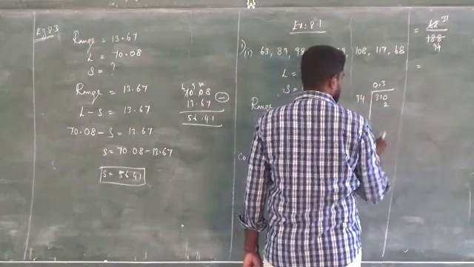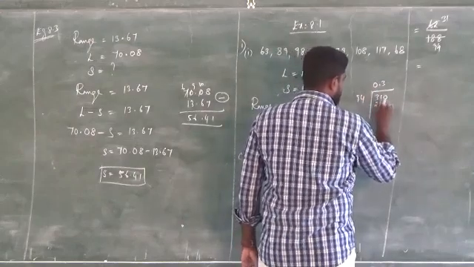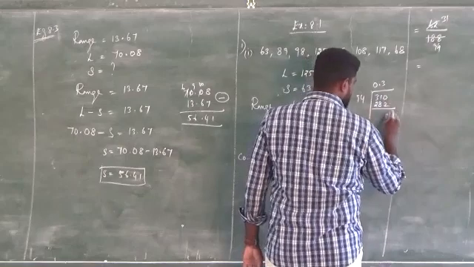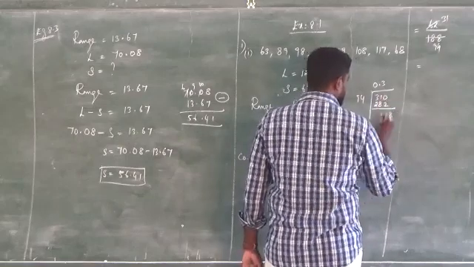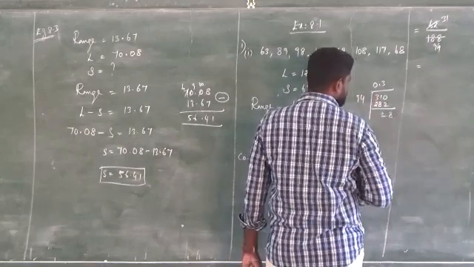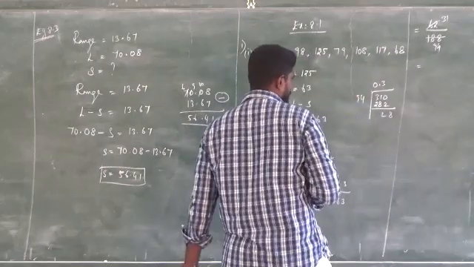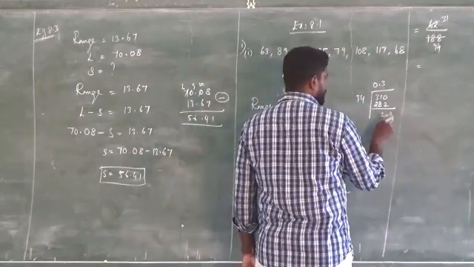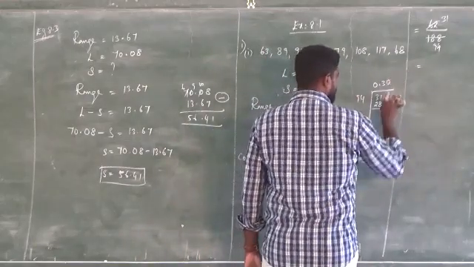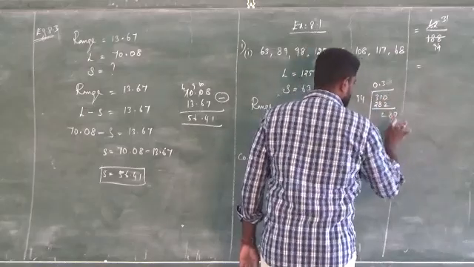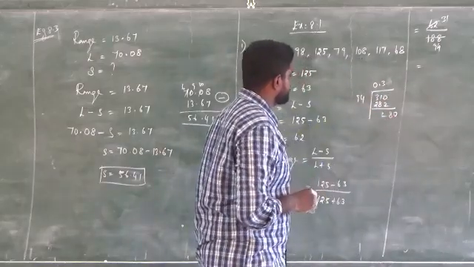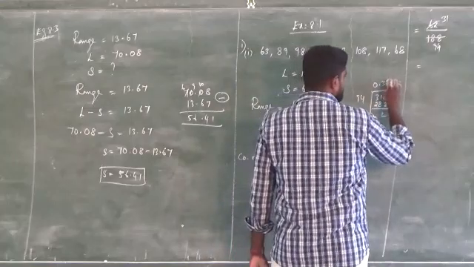3 4s are 12, 3 9s are 27, 28. So 10 minus 2, 8. 10 minus 8, 2. 2 minus 2, okay, 28. Again give one more 0. It becomes 2 times.